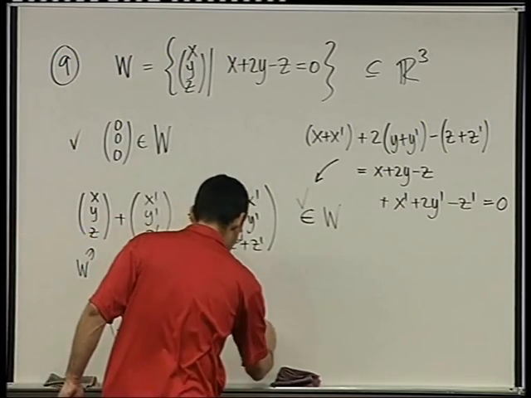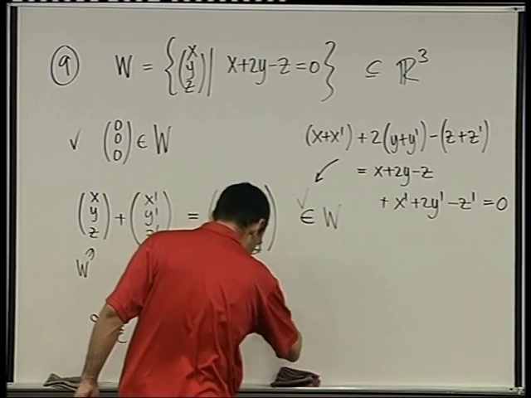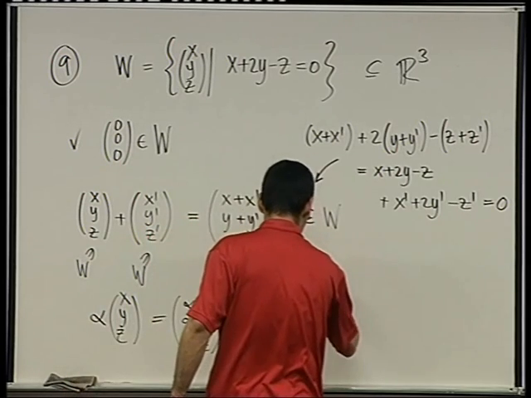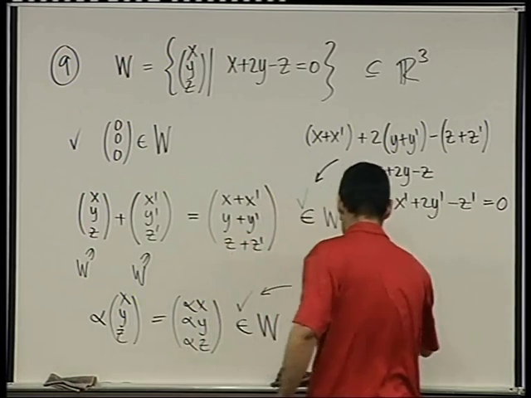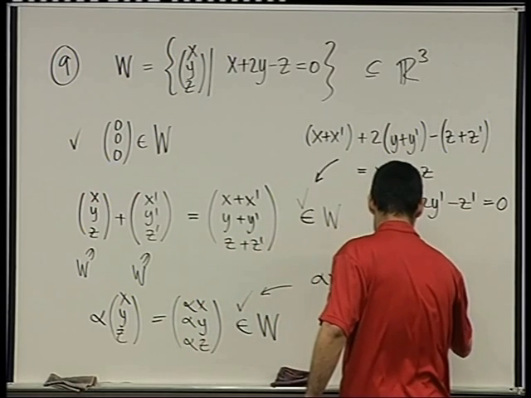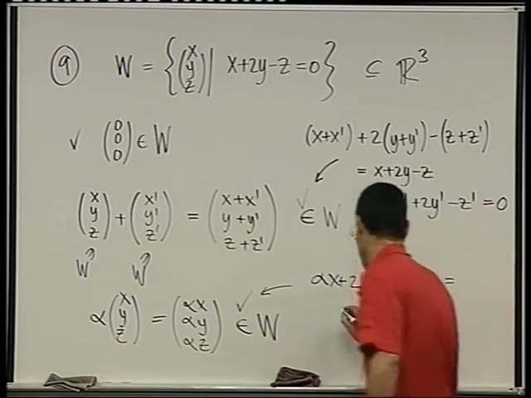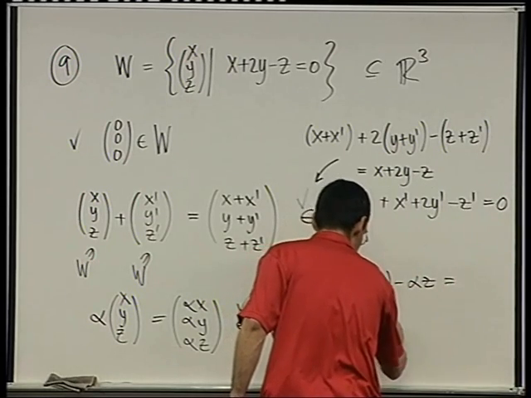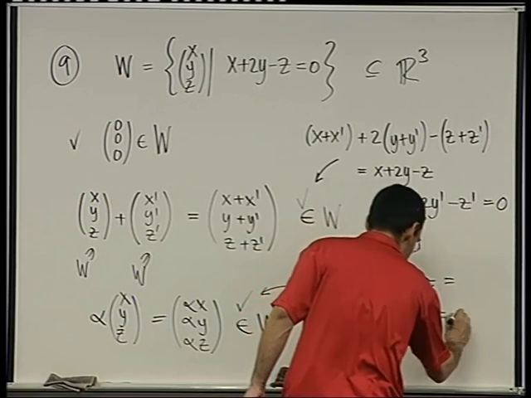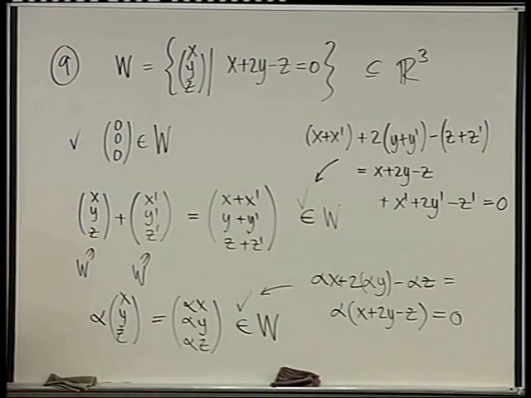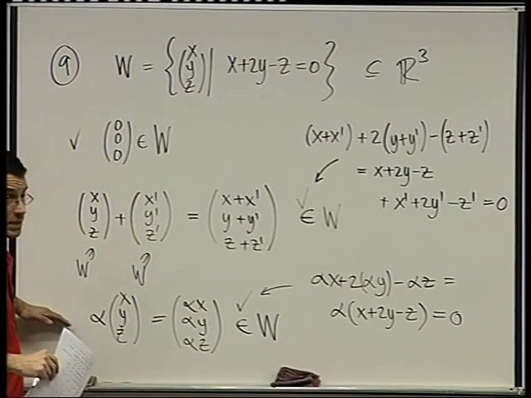So this belongs to W, indeed, since alpha x plus 2 times alpha y minus alpha z is 0 because it equals alpha times x plus 2y minus z, and this is 0. Good? So this is how we formally verify these 3 conditions.